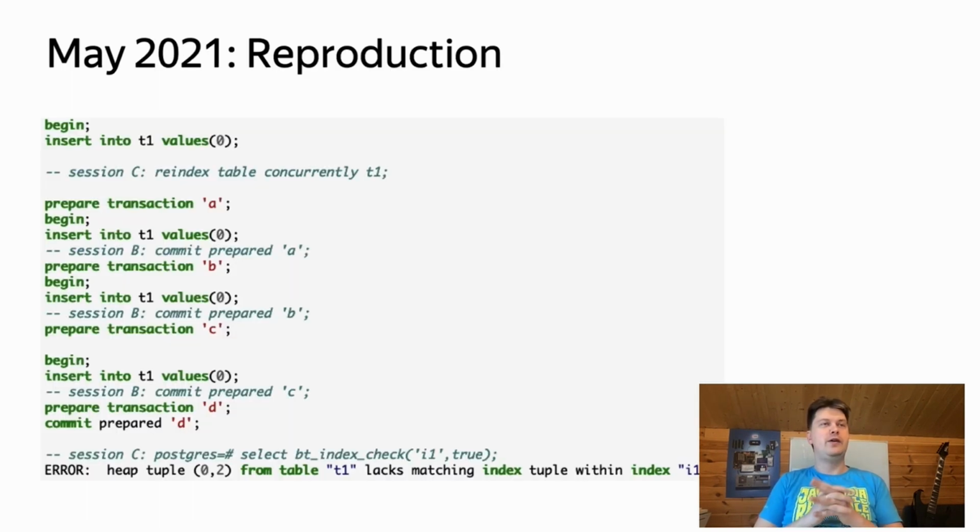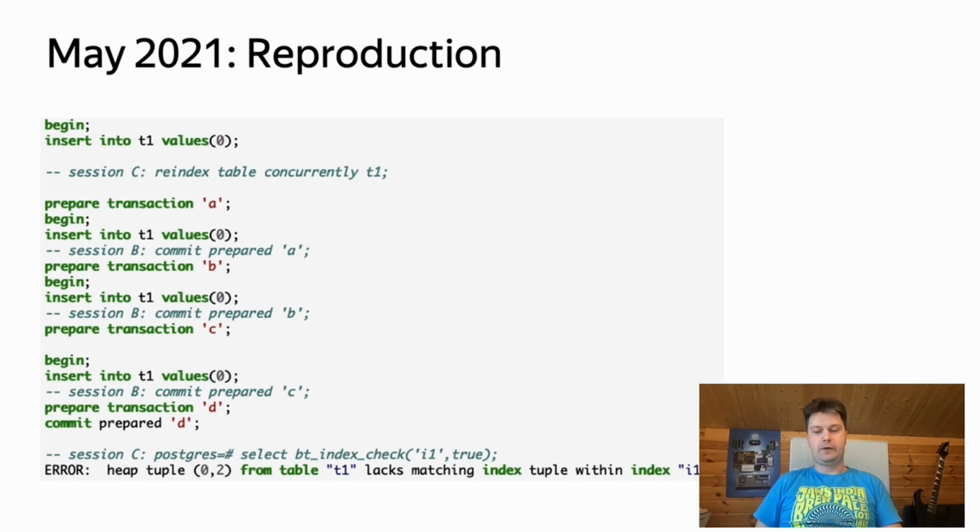So in May of 2021 I created a reproduction with just 3 concurrent psql sessions. You could create a situation where a concurrently created index is missing an index tuple for a heap tuple.